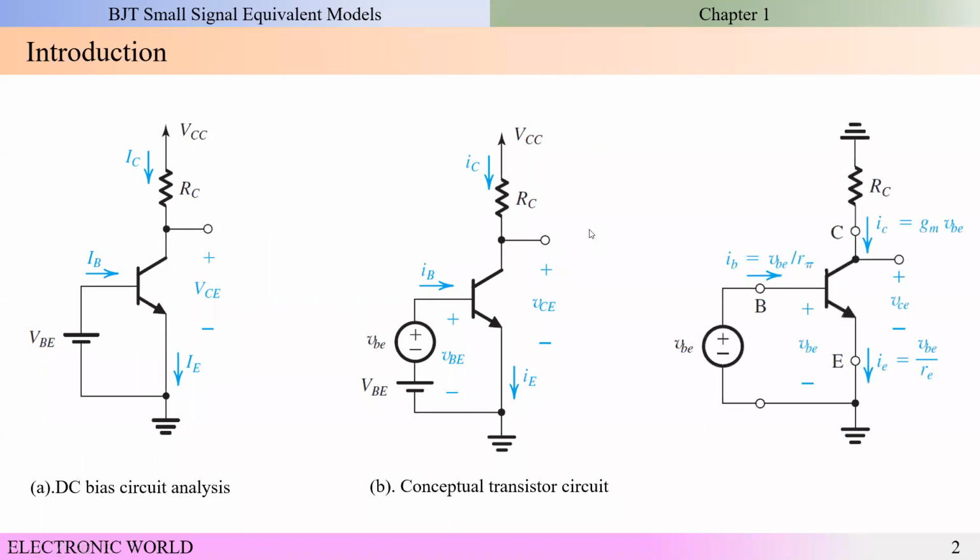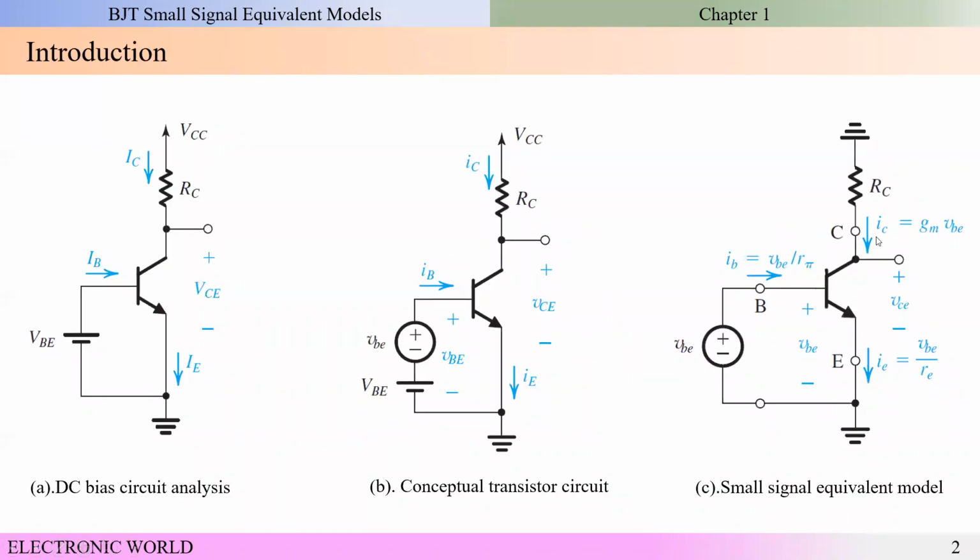It will look like this. You can see that this small signal voltage source is transferred to this side, and the bias base to emitter voltage is short circuited. Then this VCC is removed and connected to the ground. So this is the small signal equivalent circuit.